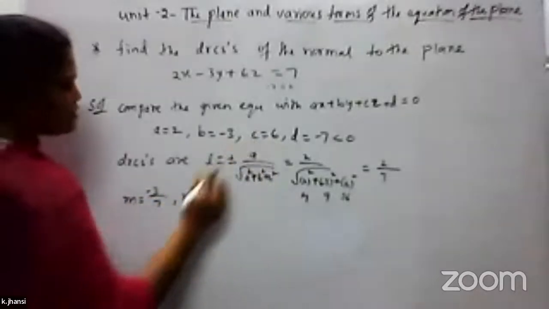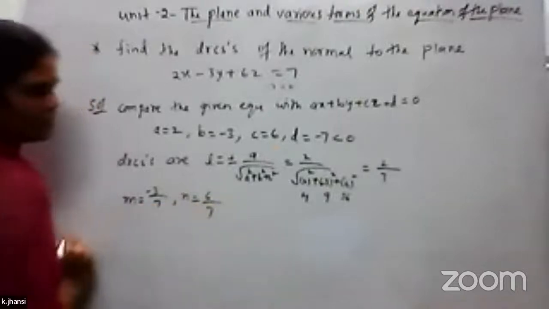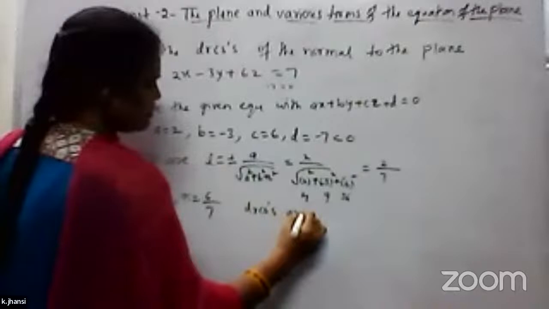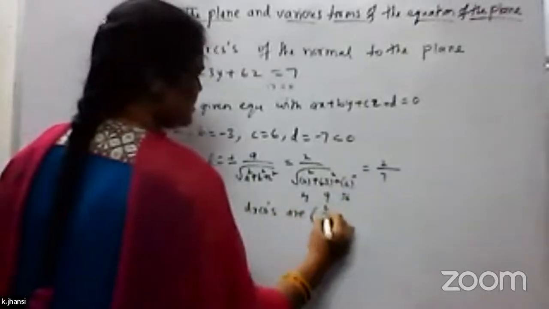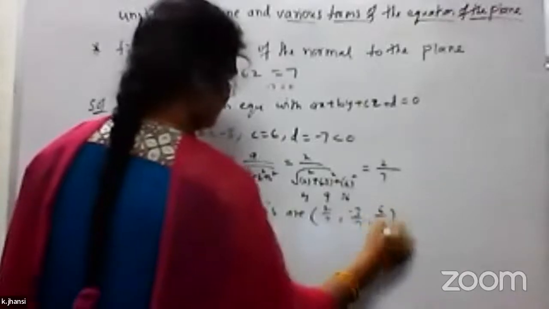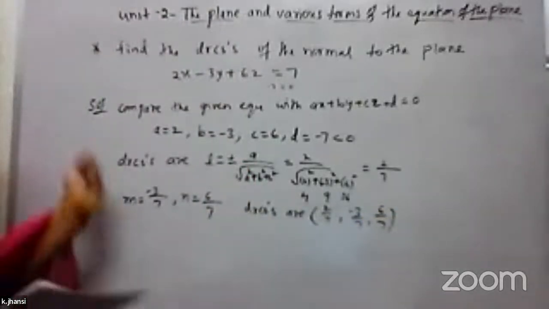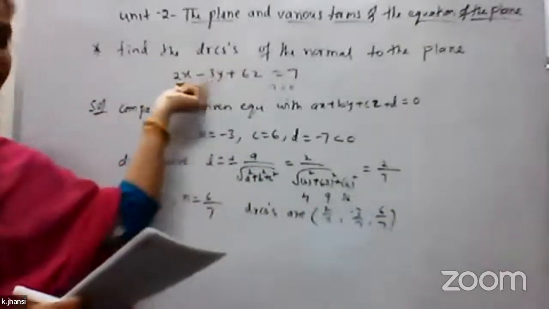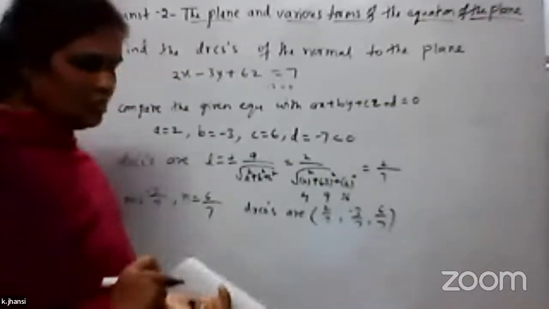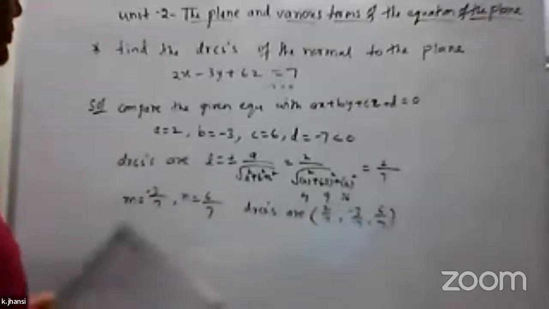Next, n equals 6 by 7. So you can write here direction cosines are: l is 2 by 7, m is minus 3 by 7, n is 6 by 7. Like this, when the equation of the plane is given, you can find the direction cosines. So this is the procedure for that.